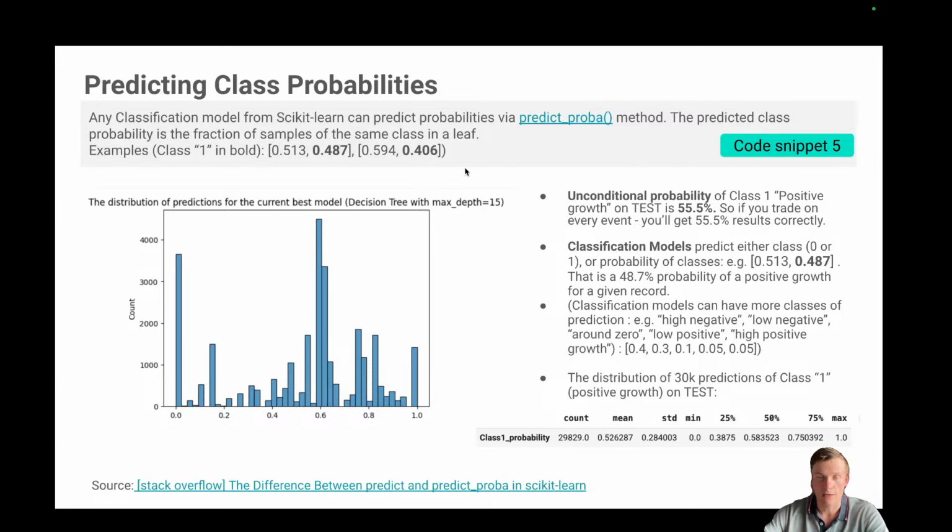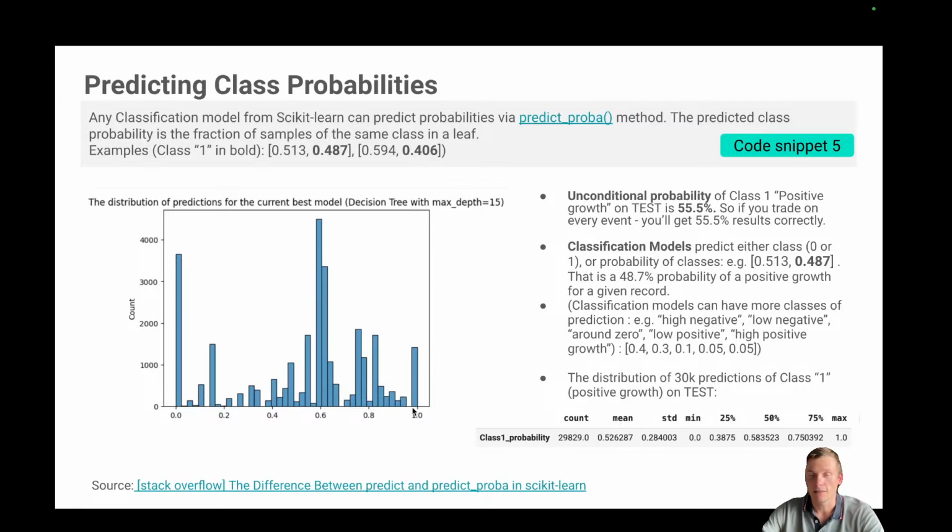So here we have code snippet number 5, but before that let's assume that we ran our 30k test predictions on an optimal decision tree model of maximum depth 15, and in each case we ended up in a leaf node, and that leaf node said that actually it's not class positive or negative, it has a probability of a positive outcome which equals 60% or 80% or 99%.